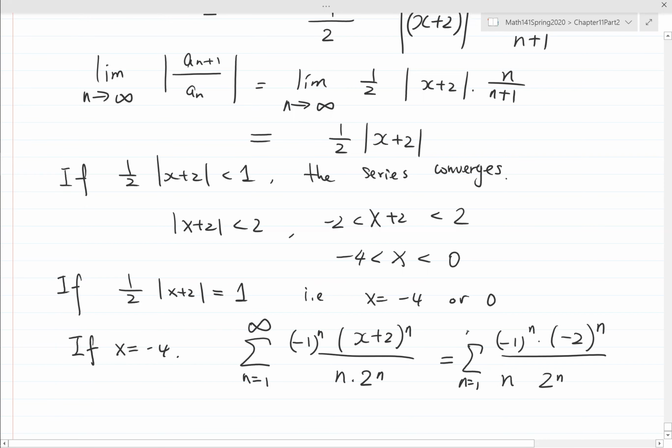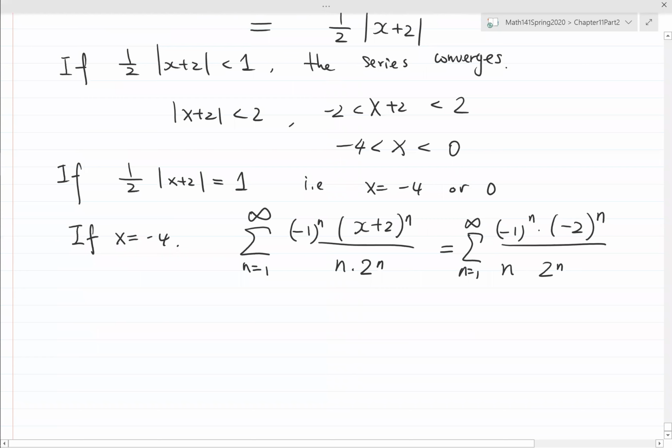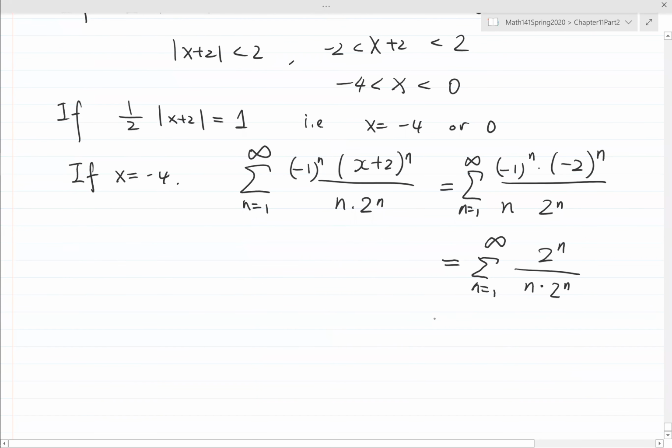Negative 1 times negative 2 gives 2 to the power n over n times 2 to the power n. Now 2 to the power n cancels 2 to the power n, so we get the sum of 1 over n from 1 to infinity, which is the well-known harmonic series. The harmonic series diverges. So when x is negative 4, the series diverges.